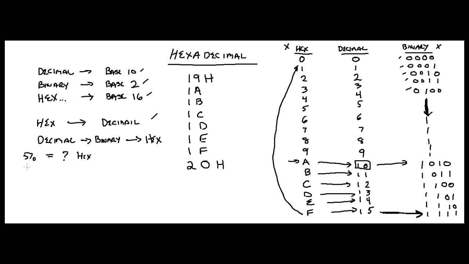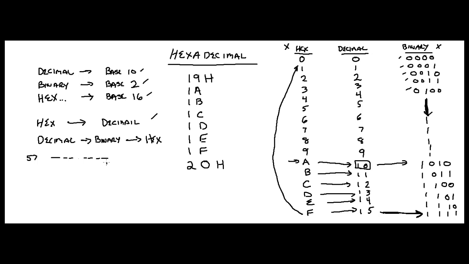So 57, let me just get some room here. Let's just do this, shall we? Okay, you want to do the divide by 2's or the sum of the powers of 2's method? You can do that pretty quick, right?